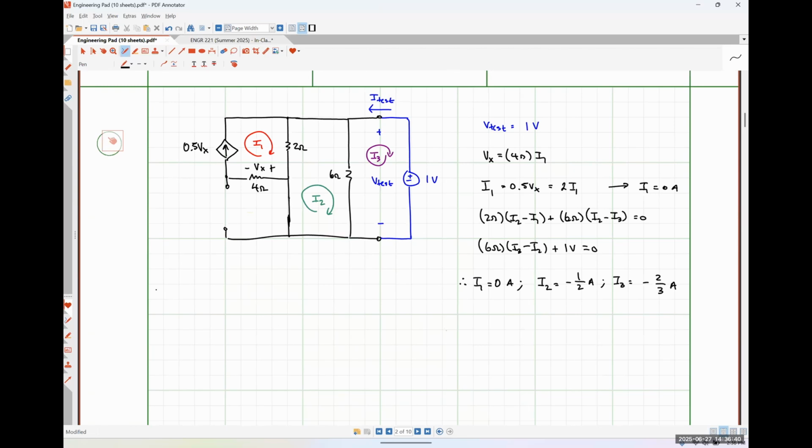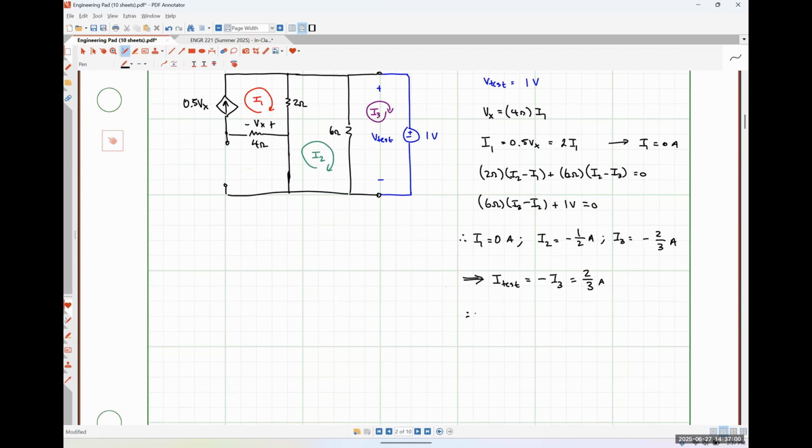So knowing these three mesh currents, how would I find I test? Negative I3. Exactly right. So that'll be positive 2/3 of an amp.